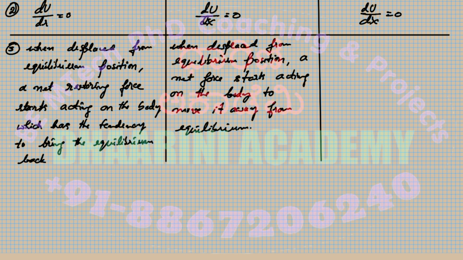The body will have no tendency to come back to the original equilibrium position, or to move away. As soon as you move it from equilibrium, the new condition is once again equilibrium. It will try to be in the same state until and unless some other force tries to stop it.